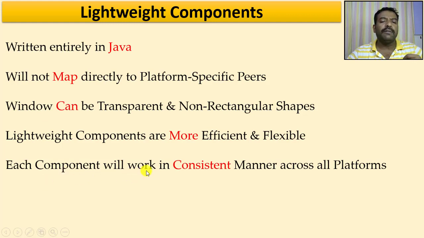Each component will work in a consistent manner across all platforms. That is the important point and the essence of Java, the platform independent code we talk about. If it was AWT, this is what I was missing out. Though AWT was part of Java, it didn't have the feature of platform independence.